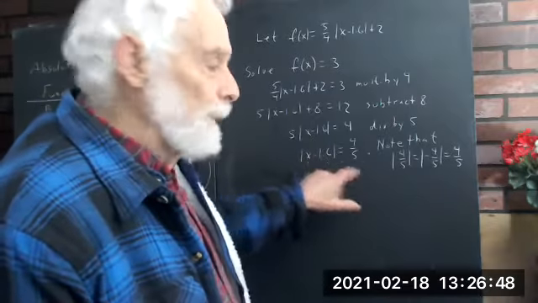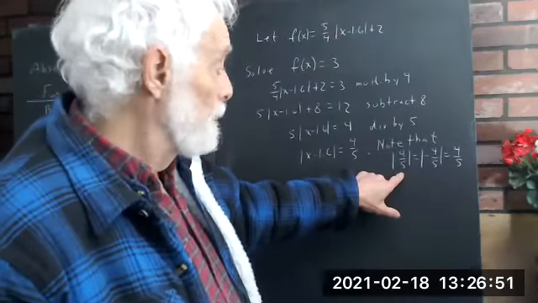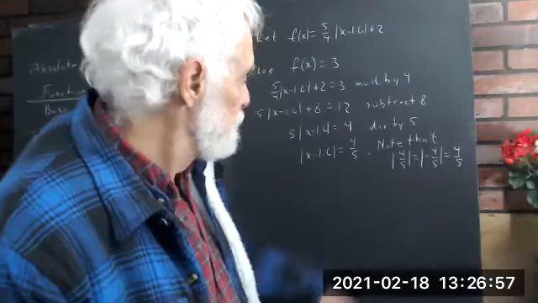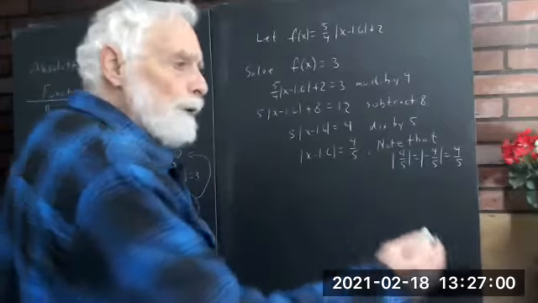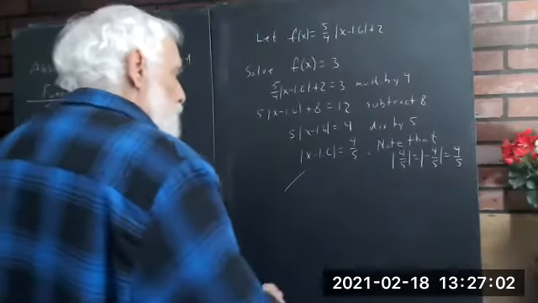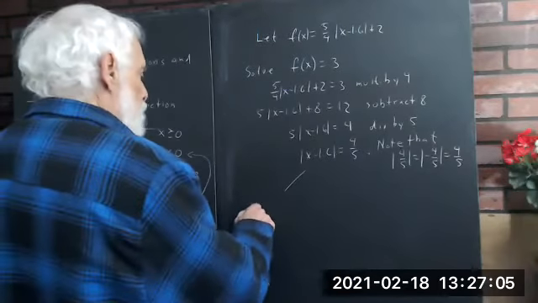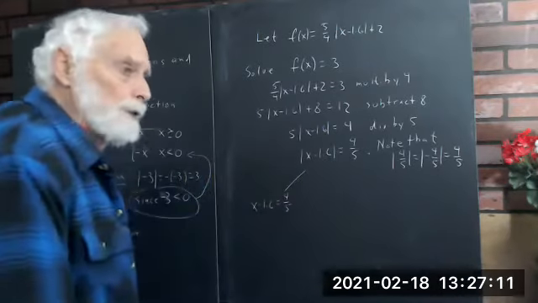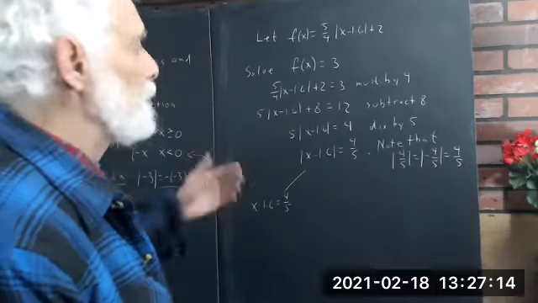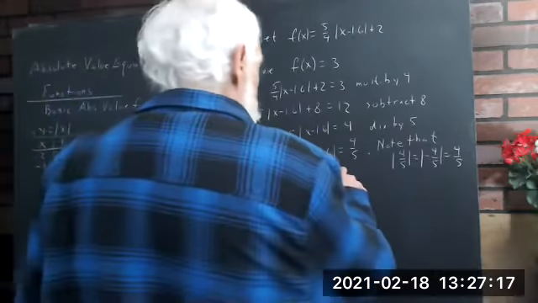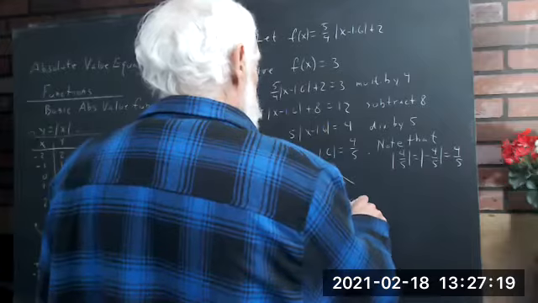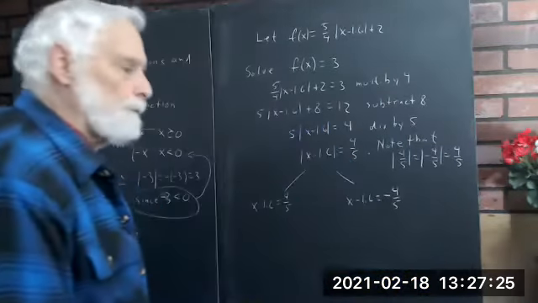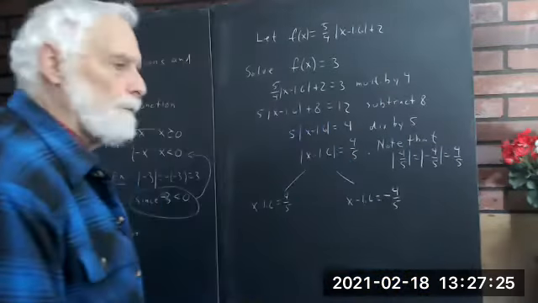One is that whatever's inside the absolute value sign is 4/5. The other is that whatever's inside the absolute value sign is negative 4/5, which means that we have two possible solutions here. If x minus 1.6 equals 4/5, then the absolute value of x minus 1.6 equals 4/5. There's another way we can get this, and that is if x minus 1.6 equals negative 4/5.